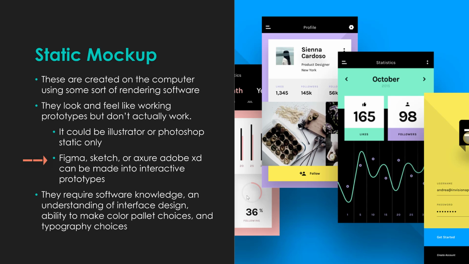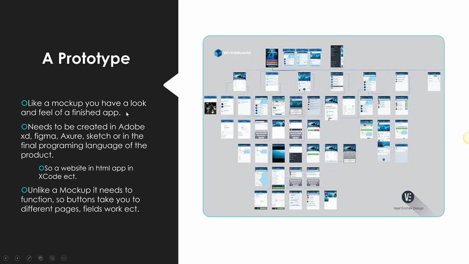So if you're going to make mockups, you might as well use some of that software to build them, because then you're skipping a step. Now, this requires some software knowledge and an understanding of interface design, which is a separate class that you can take. It also requires the ability to make some color palette choices and typography choices, as well as pick out some images. But thanks to stock photography, we have a lot of options in that area.